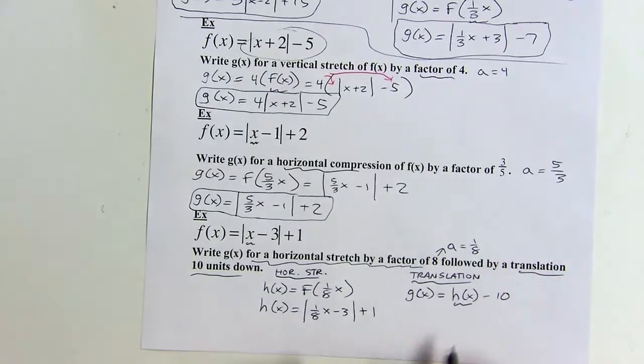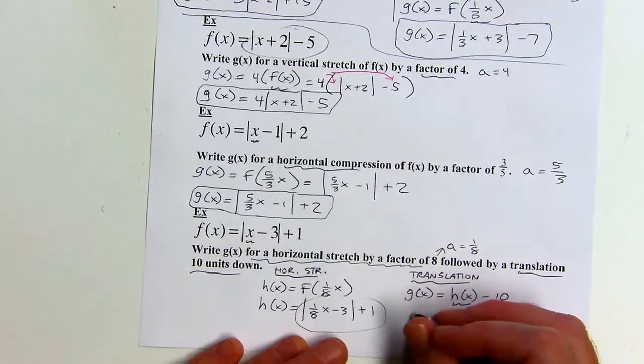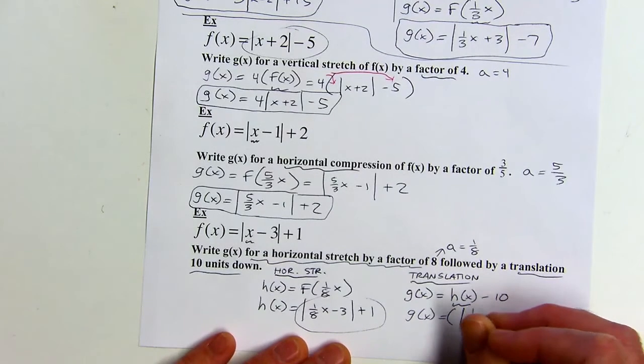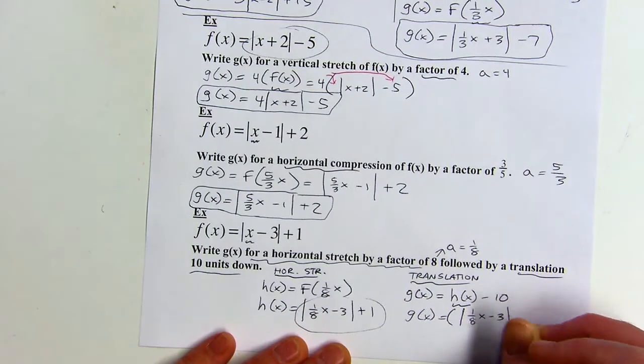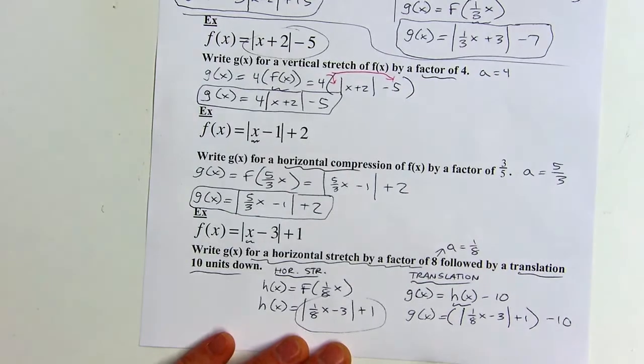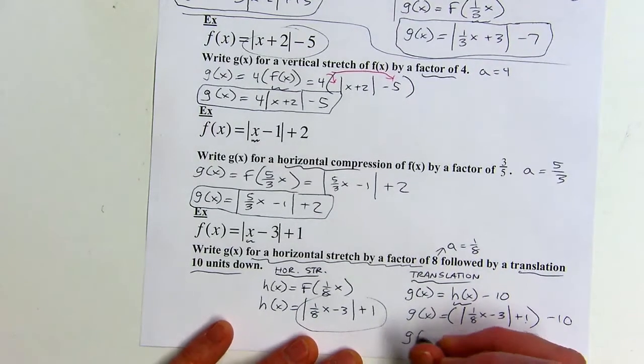So then I'm going to substitute h of x, which was all of this, right? So I'm substituting here. Got all of that, and then I'm subtracting 10 from the end. This would actually look the same without parentheses, and then I just need to combine the 1 and the negative 10.